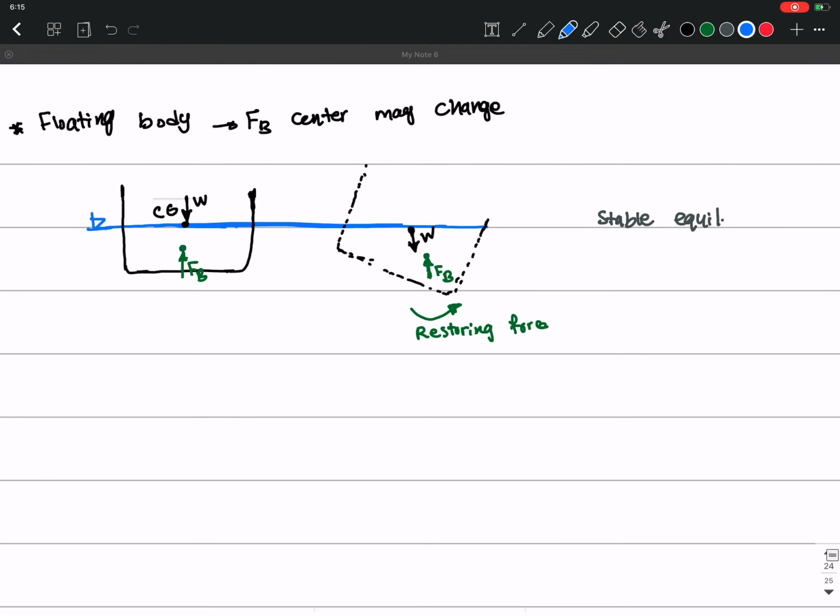So let me give you another example. Again, we have water, for these floating body objects. So we have water here, and then I have another shape. So I have something like this.